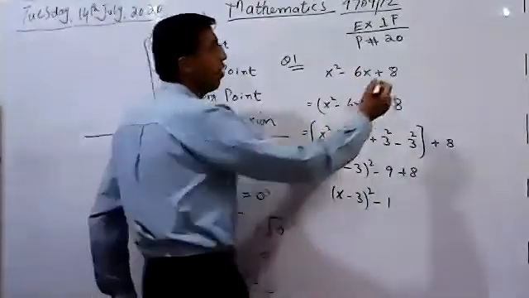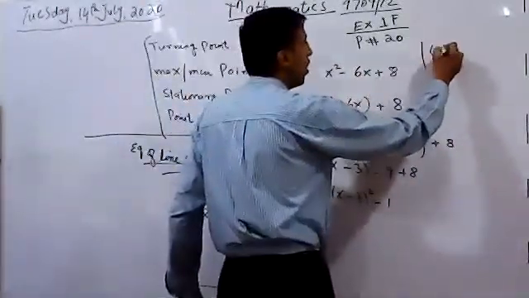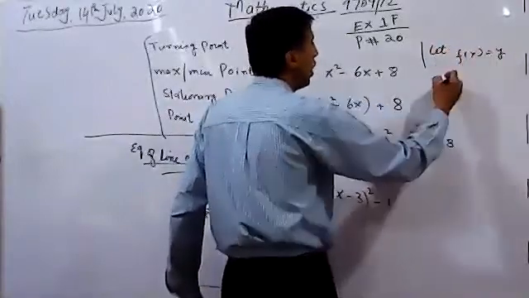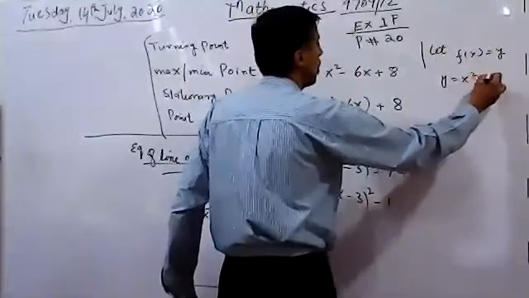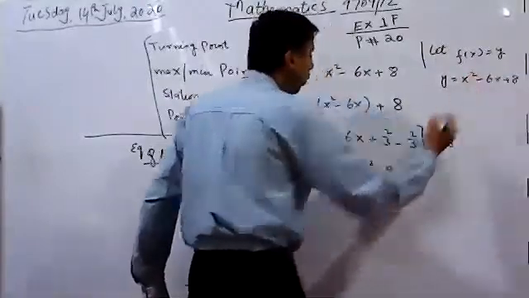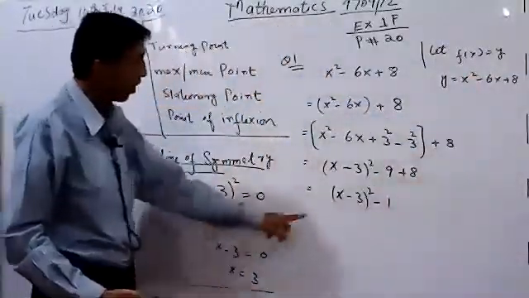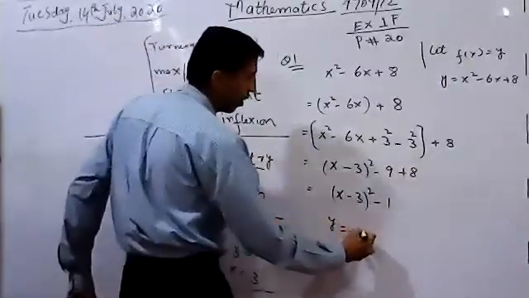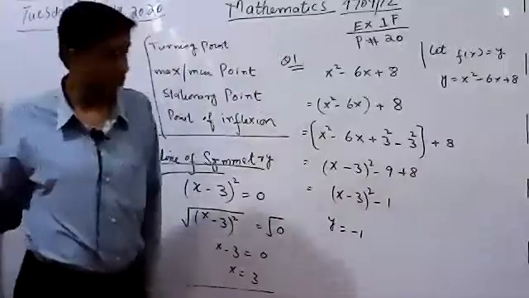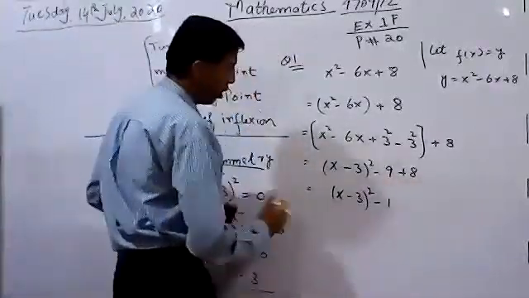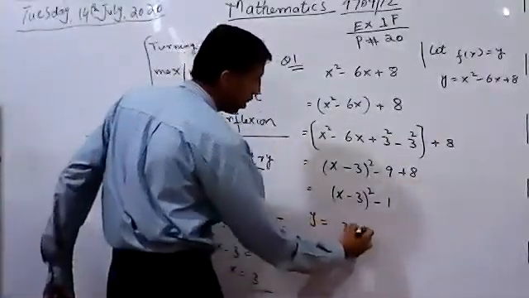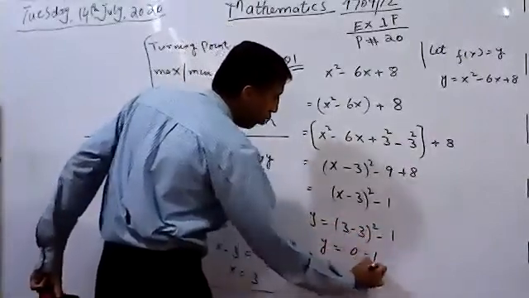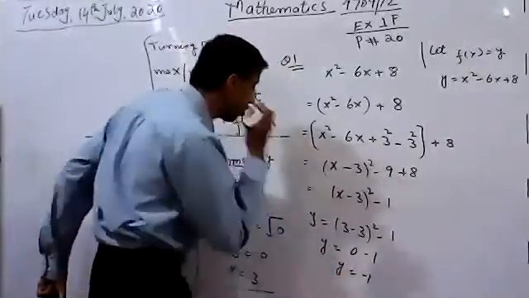We suppose f of x is equal to y, and we keep them equal to this equation. If you keep the value x equal to 3 in this equation, you will get y equal to minus 1. I will do one more step. y is equal to (3 minus 3) squared minus 1. Here it would be 0 and y is equal to minus 1.